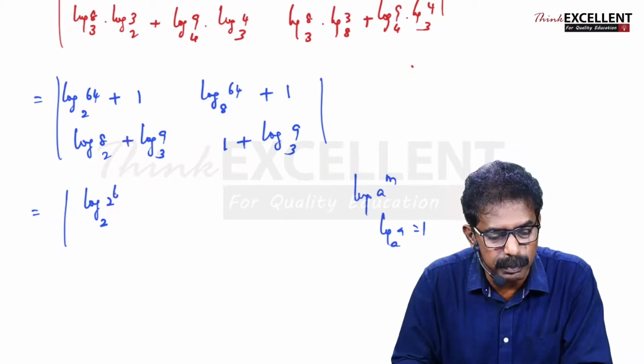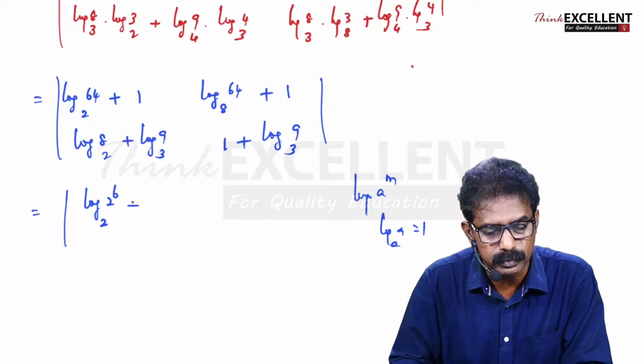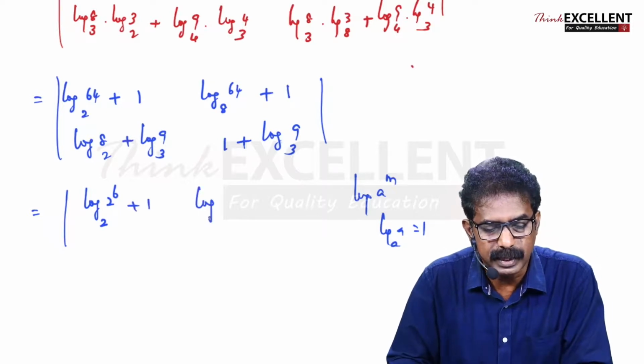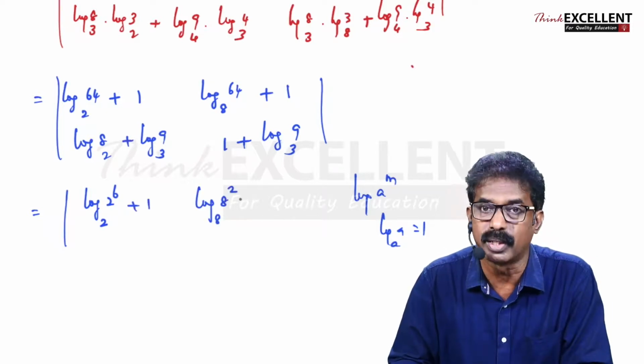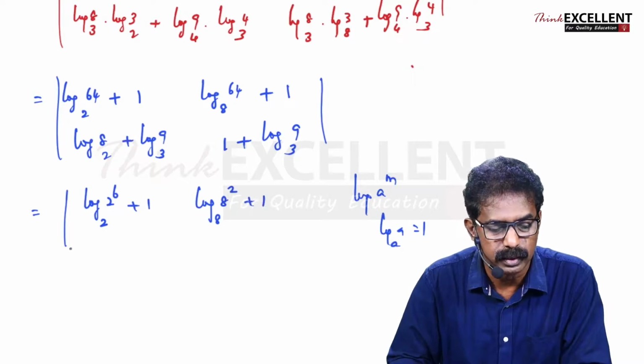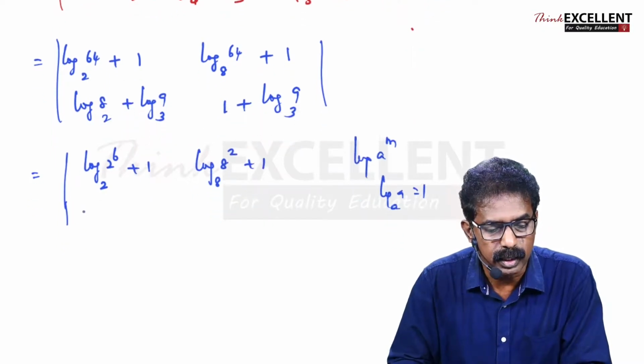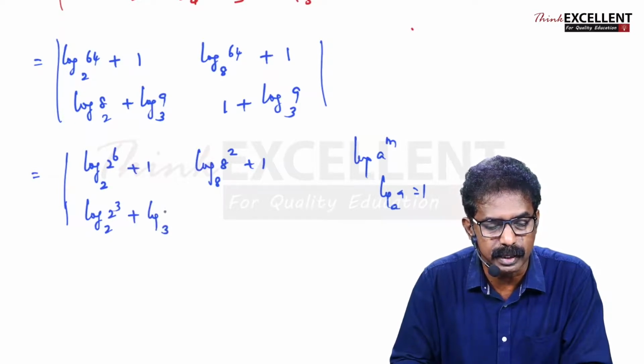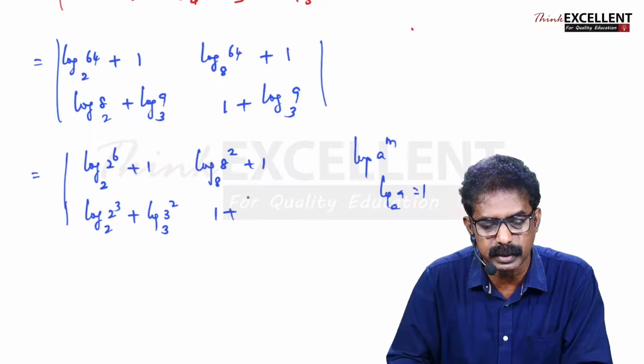Why? Because the base is 2. Log base is 8, so 64 is 8 square, plus 1. Then the second one, log base 2 is there, so 8 you write 2 cube. Plus log base is 3, so 9 can be written as 3 square.